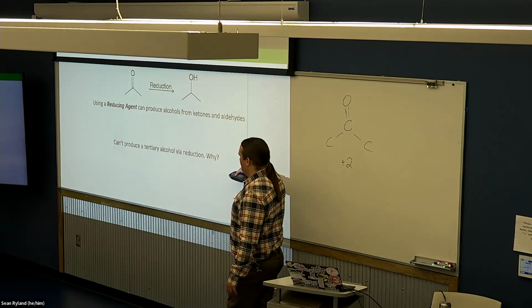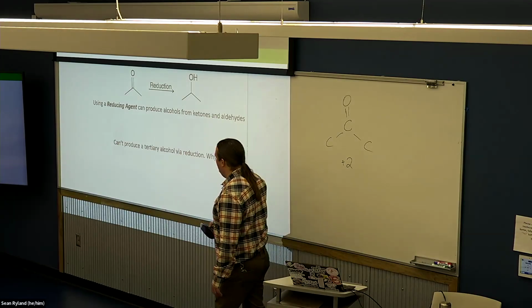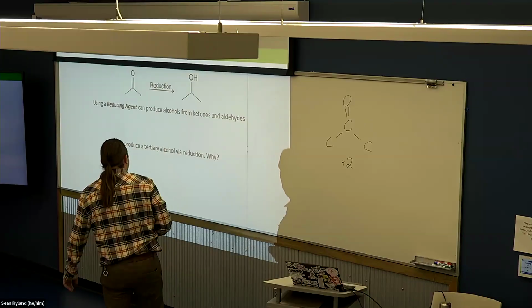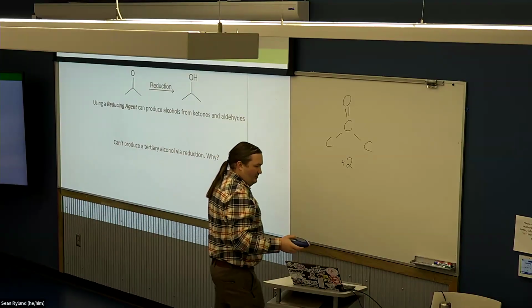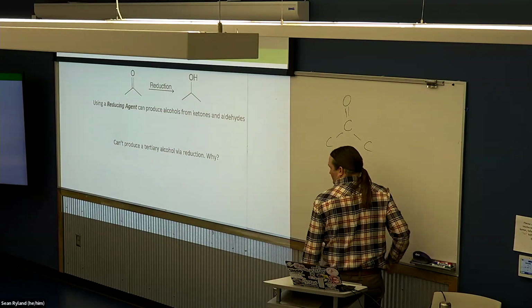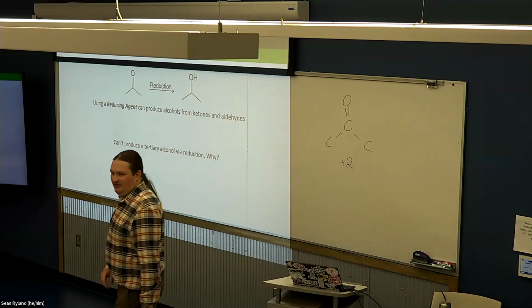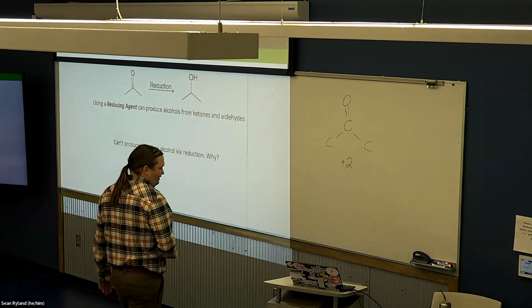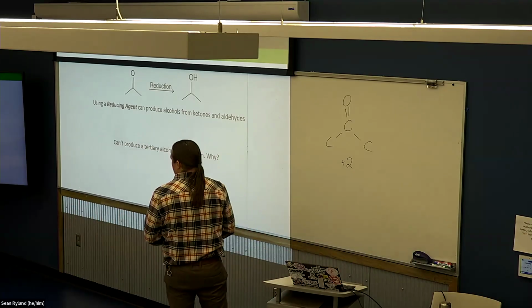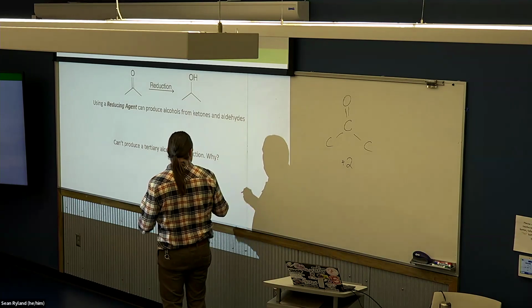Quick logic, logistics question. You can't make a tertiary alcohol with this process. Why? What would the carbonyl have to look like to make a tertiary alcohol? Oh, no, never mind.